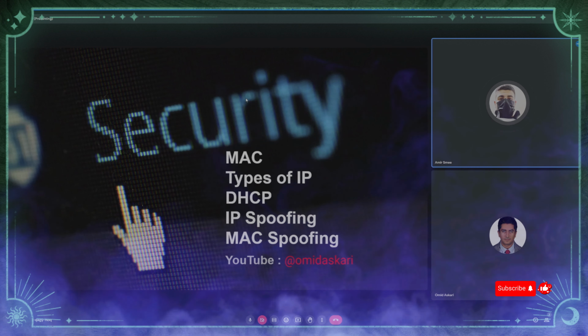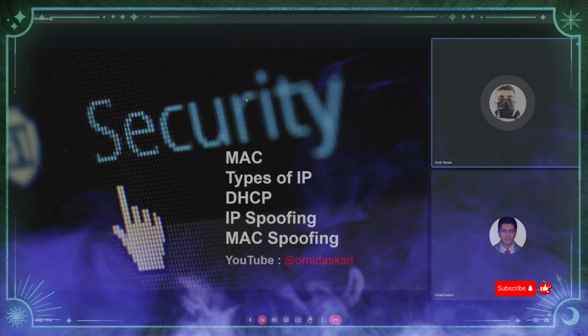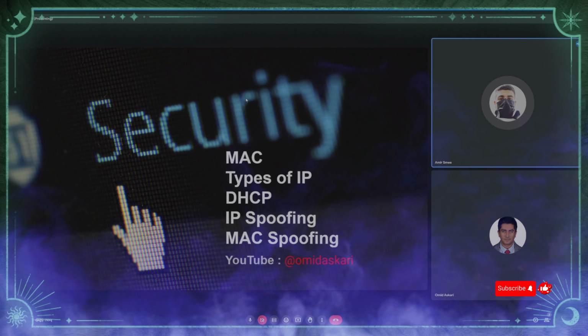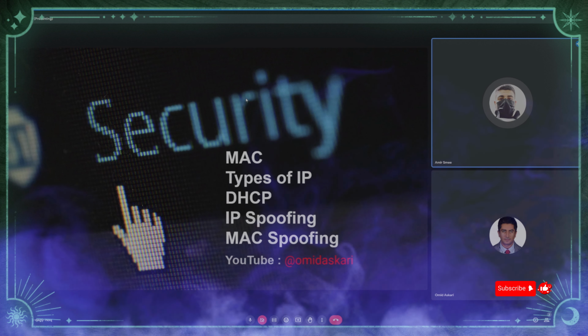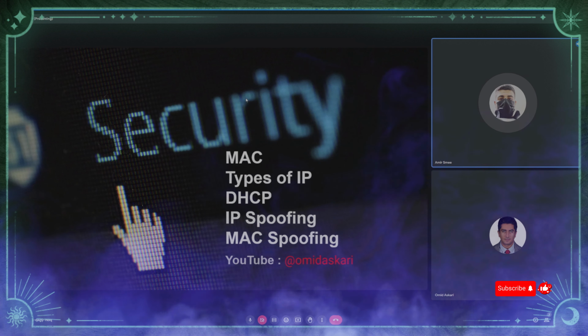They should understand IP spoofing. For example, if their computer shows this, at first they should understand that IP spoofing has happened now.